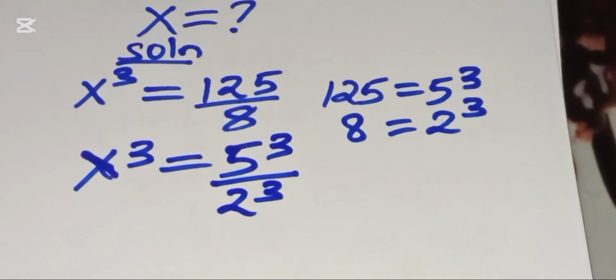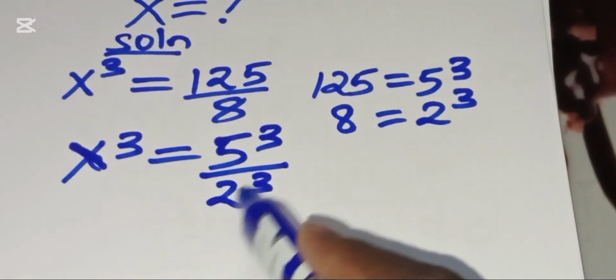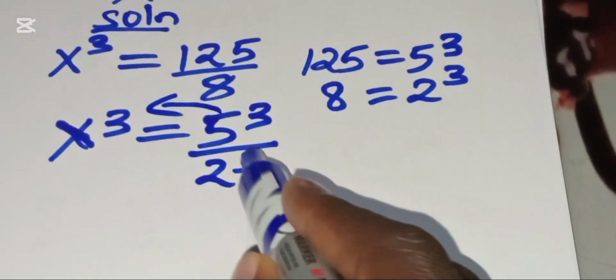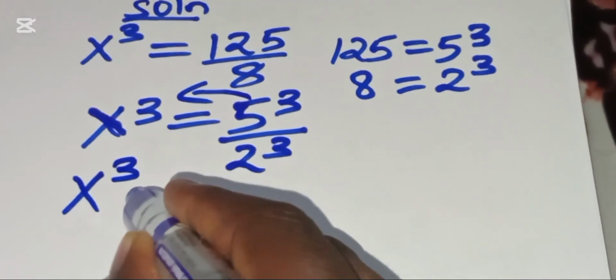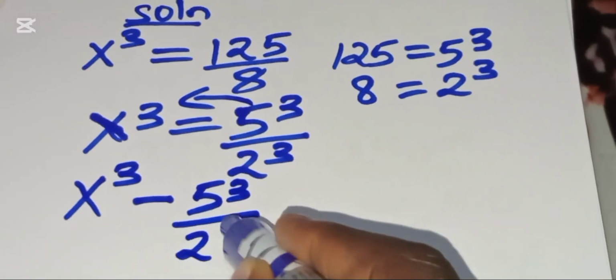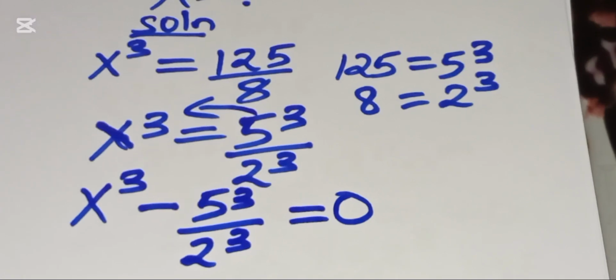We are saying that x cubed is equal to 5 cubed divided by 2 cubed. So let's take 5 cubed divided by 2 cubed to the left hand side. We are going to have x cubed subtract 5 cubed divided by 2 cubed, equal to 0.